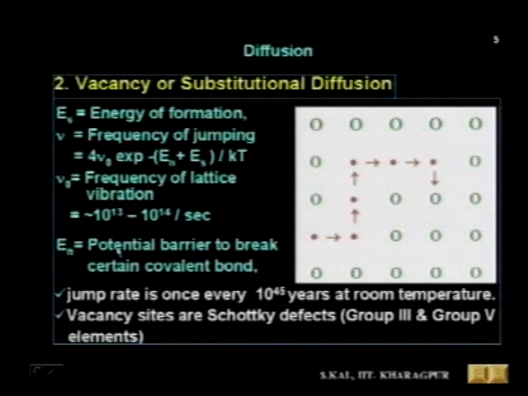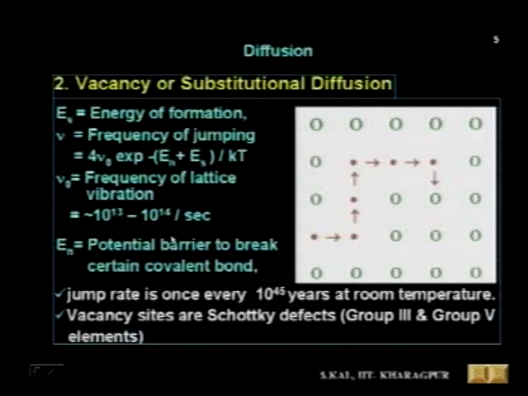En is the potential barrier to break a certain covalent bond, because until the covalent bond is broken, you cannot get a particular site blank so that an impurity atom will come there. Es is the energy of formation, k is the Boltzmann constant, and T is temperature in absolute scale.